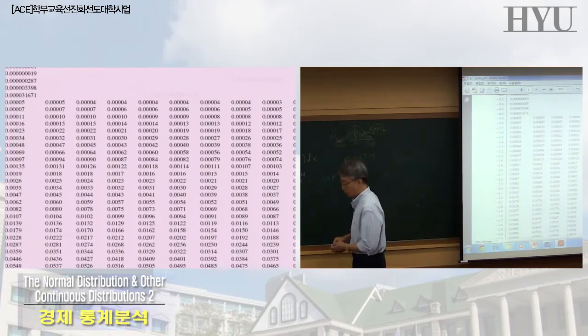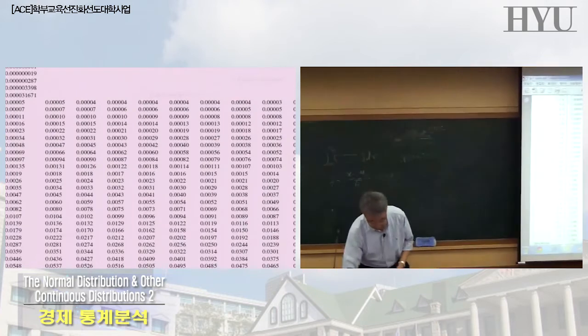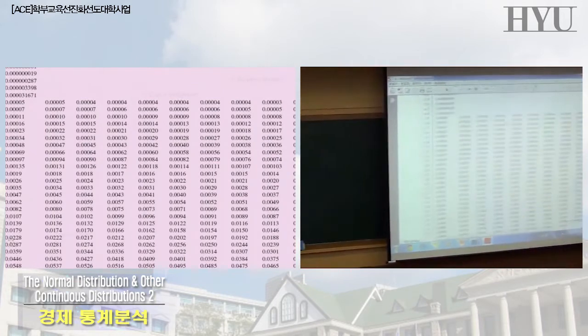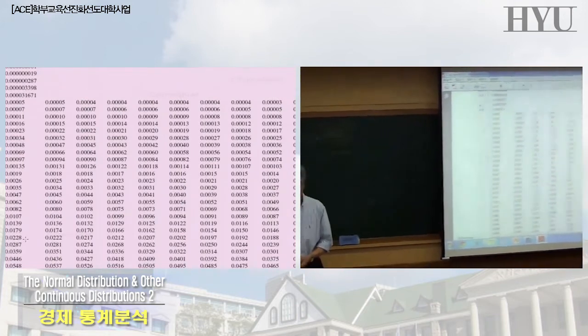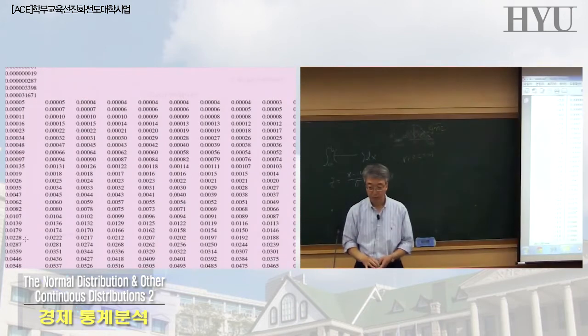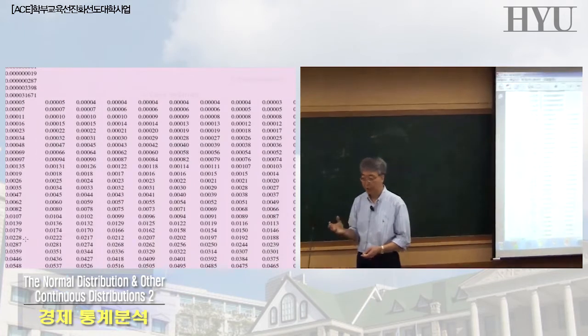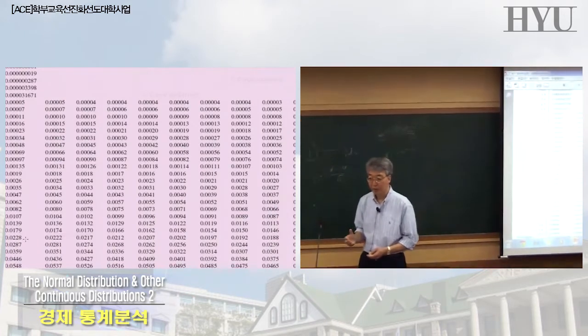So you use this table and look for the value of negative 2.0, and that's 0.0228, right? So you can subtract 0.0228 from 1, right? Then you get the same answer. Am I making sense?